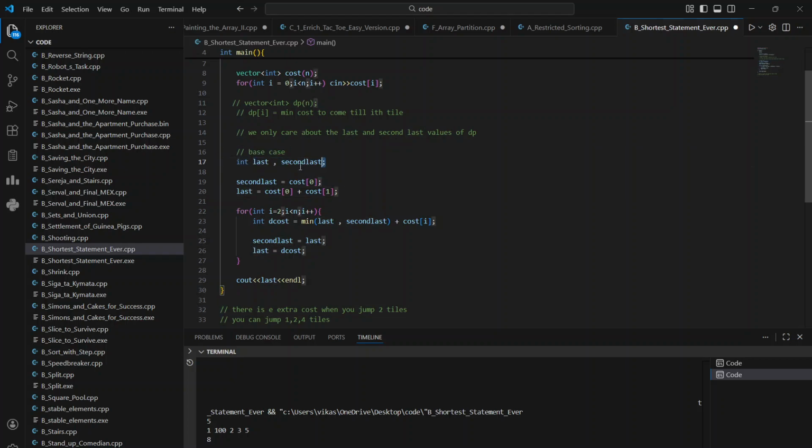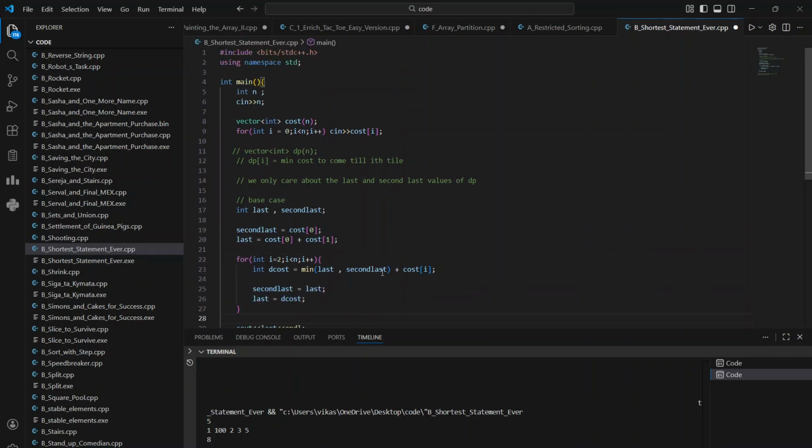So instead of having the big table, I just take the two variables, and I just keep replacing those two variables and got the answer.